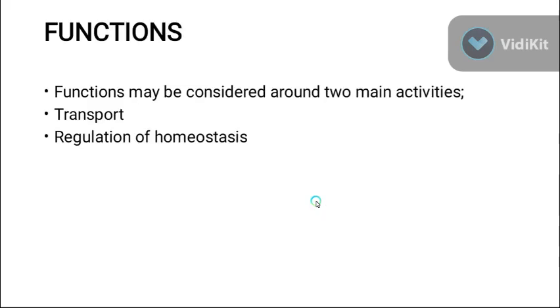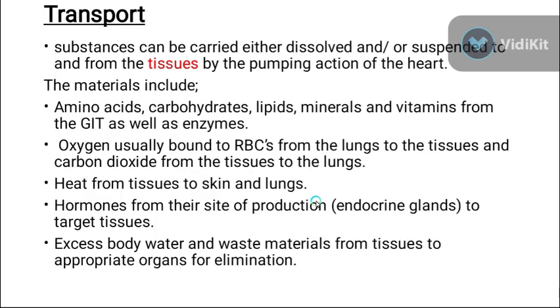Functions may be considered around two main activities: transport and regulation of homeostasis. Transport. Substances can be carried either dissolved and/or suspended to and from the tissues by the pumping action of the heart. The materials include amino acids, carbohydrates, lipids, minerals and vitamins from the gut as well as enzymes.